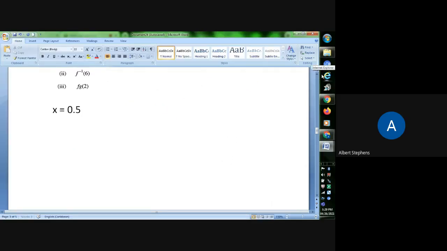X equals 0.5 y plus 5. That's what we're trying to find y for. Yes. This part is where we're at. We want to find y because we did the let before.